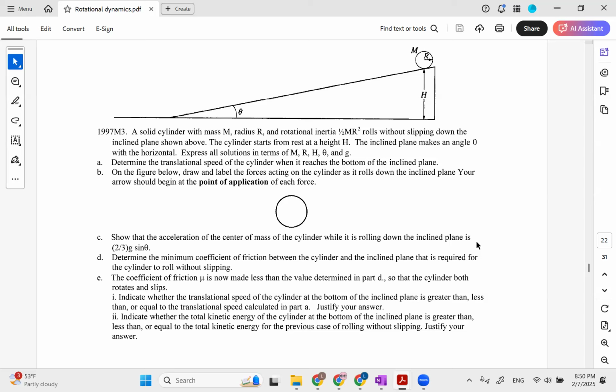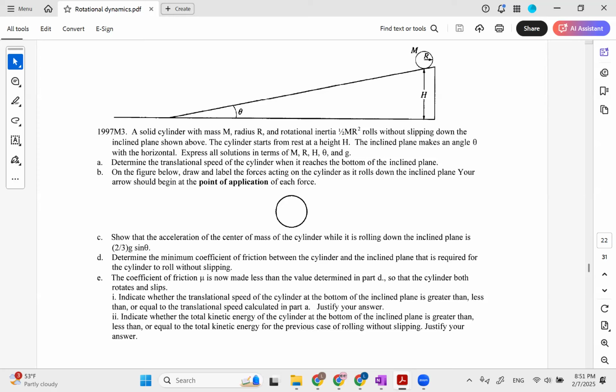Express all solutions in terms of m, r, h, theta, and g. Determine the translational speed of the cylinder when it reaches the bottom of the inclined plane. On the figure below, draw and label the forces acting on the cylinder as it rolls down the inclined plane. The arrow should begin at the point of application of each force.